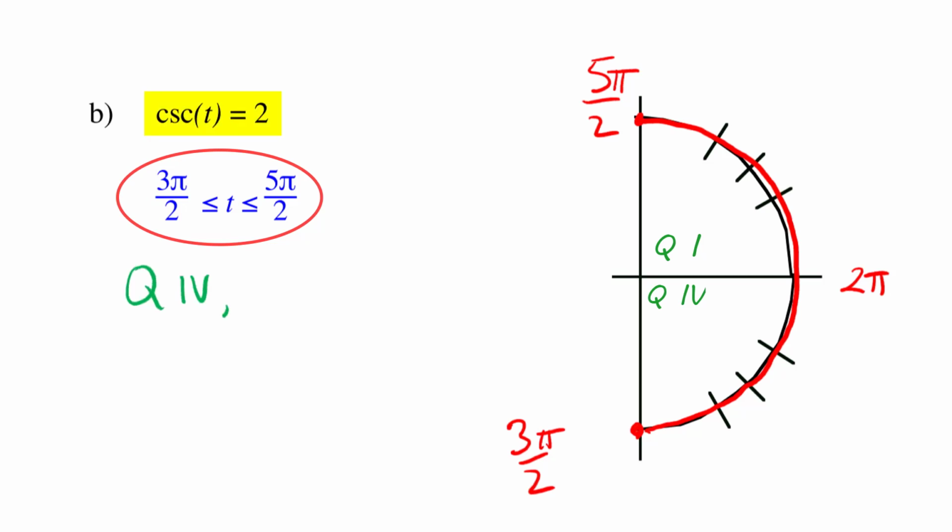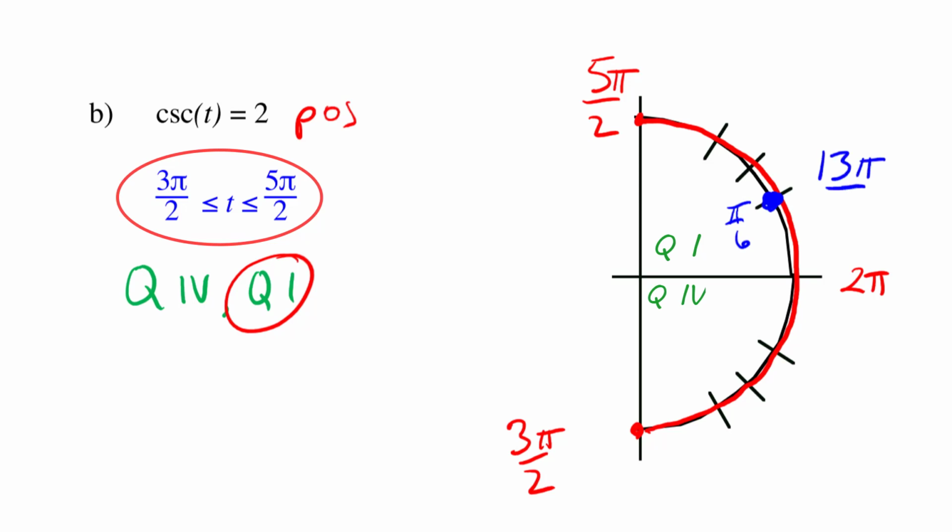Cosecant of t is equal to 2, and it is positive in quadrant 1, and that occurs at pi over 6. However, because it's beyond 2 pi, we actually have a value of 13 pi over 6 for t. T equals 13 pi over 6. It's 13 pi over 6 because of the restriction.